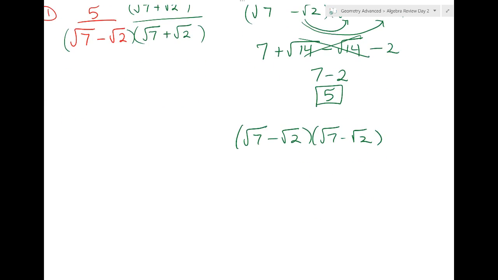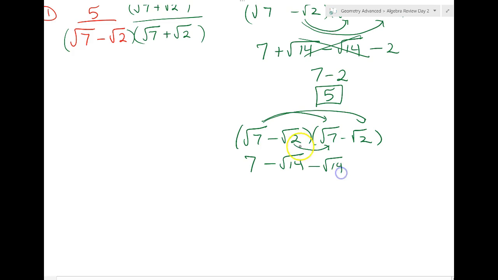Well, the answer is no, because again, it's all about the FOILing. So if I did root 7 times root 7, I'd get 7 again, because that's the square root of 49. This time I would get a root 7 times a negative root 2, that'd be a negative root 14. A negative root 2 times root 7, that's a negative root 14 again. A negative root 2 times a negative root 2, that'd be a positive 2. I'd end up getting 9 minus 2 root 14.